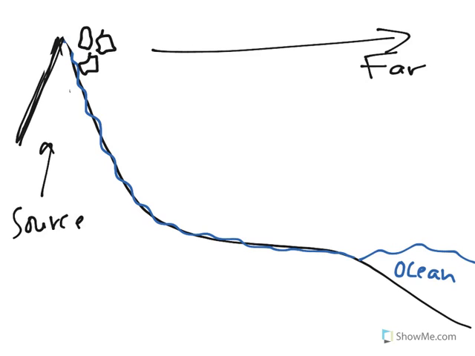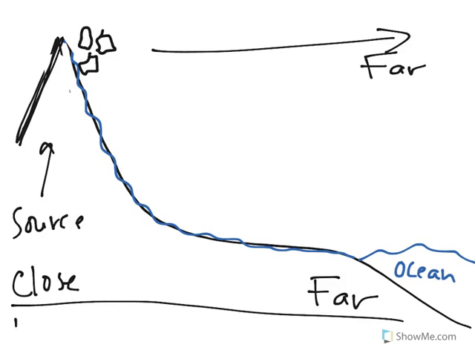So the closer we are to the source, let's make this down here, so close and far, the closer we are to the source, the bigger the size, and the more angular it is.